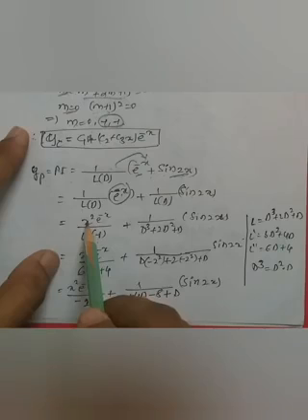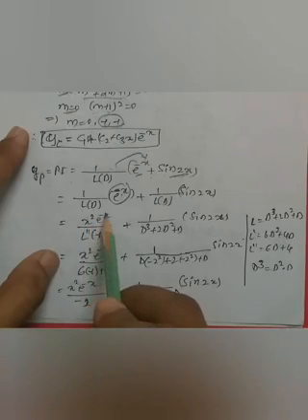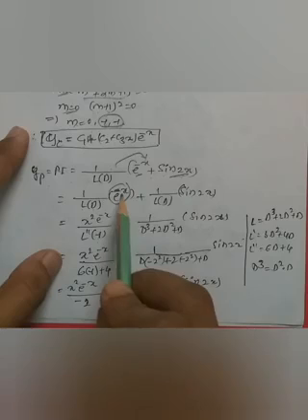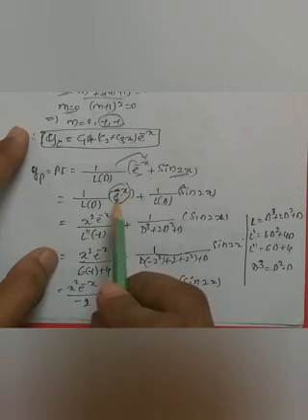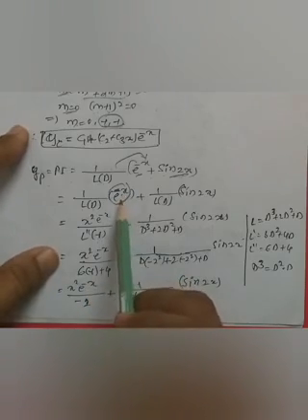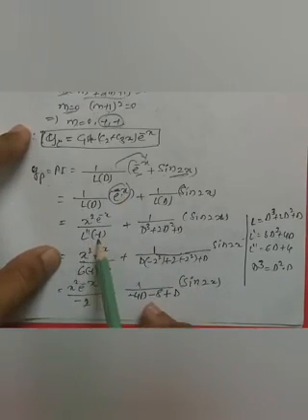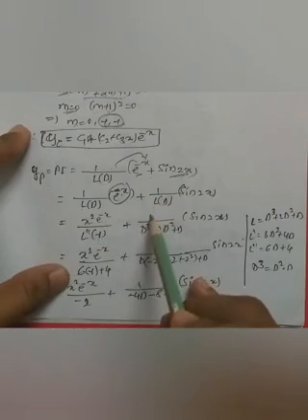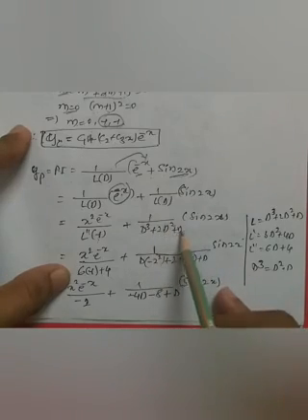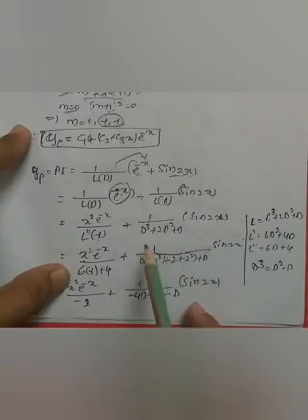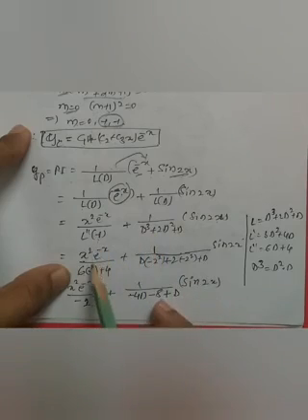So we will write this as x squared into e to the power minus x, because already you know a is equal to minus 1 is the double root, divided by L double dash of minus 1, plus 1 divided by (D cubed plus 2D squared plus D) of sin 2x. Now let us simplify this.